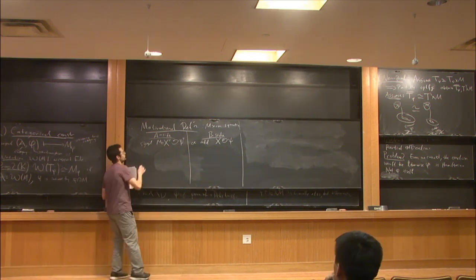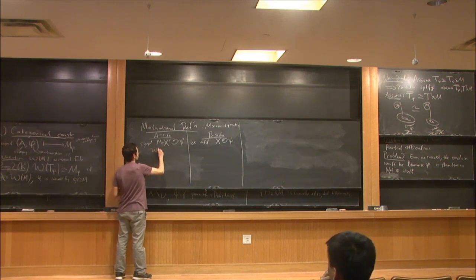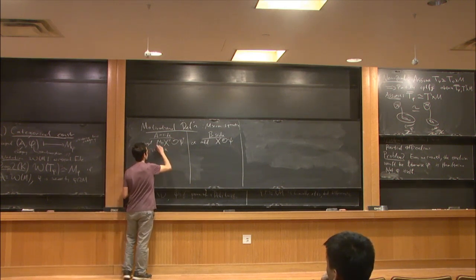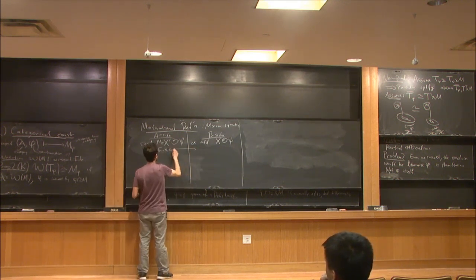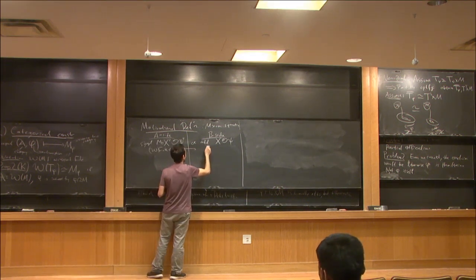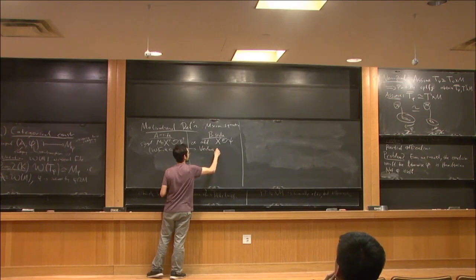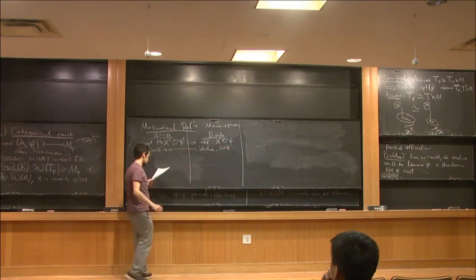So the version of mirror symmetry that I'm talking about is homological mirror symmetry that relates Fukaya type categories to categories of holomorphic vector bundles on this guy, or more generally to coherent sheaves on X.